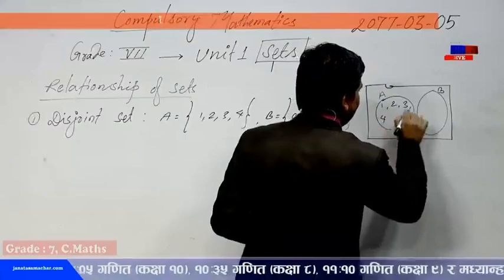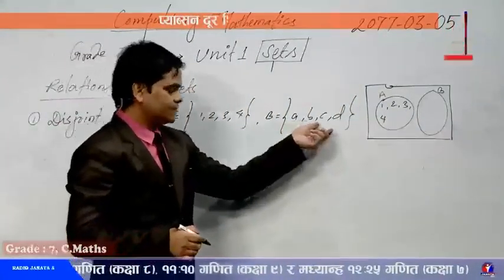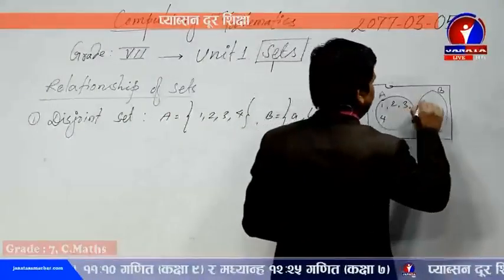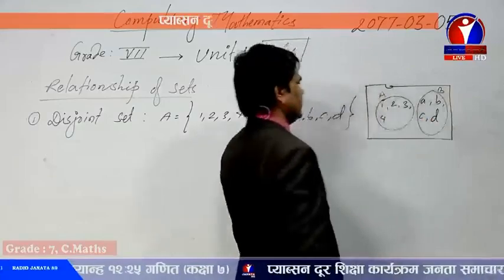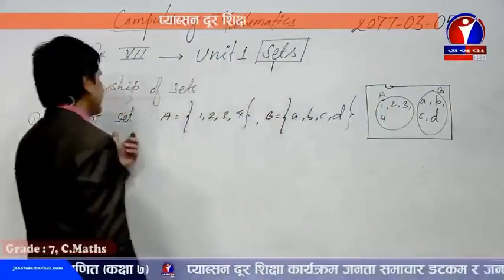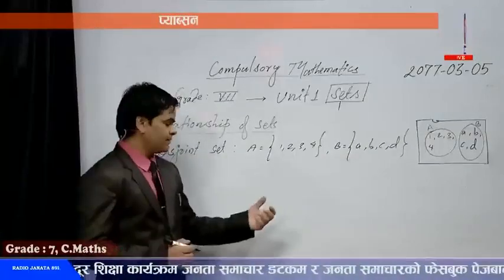We need to give a comma after each element, and then let's keep the elements of set B similarly: A, B, C and D. This is the way of representing the information through disjoint sets.